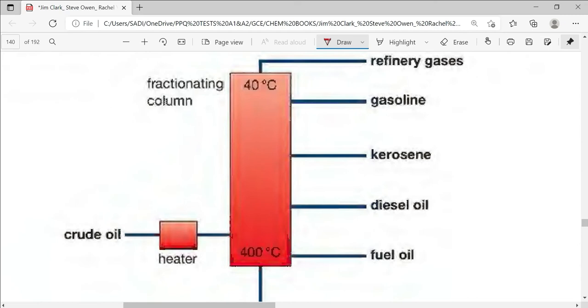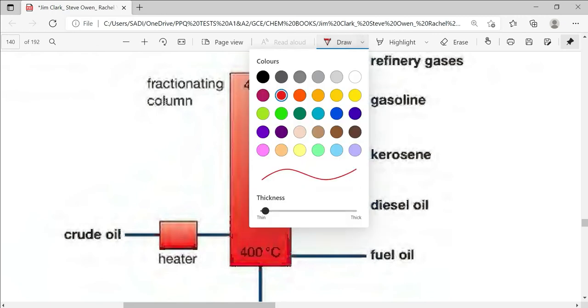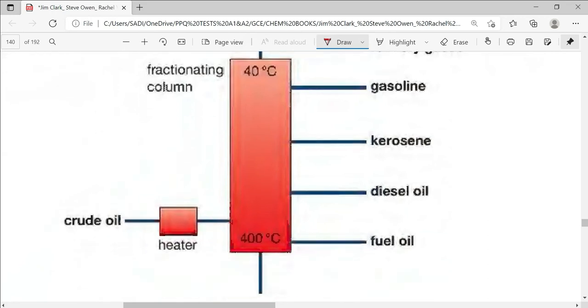First of all, let us talk about what is fractional distillation. I need to know. Sir, the separation of a mixture. Fractional distillation is based on the boiling point.